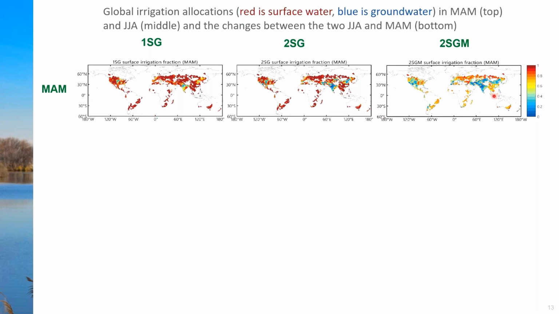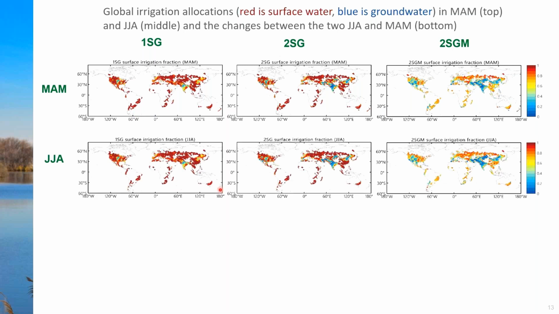Here we're looking at the spring condition. The red one means that the water is pumped from the surface water, and the blue one means pumping from the groundwater. And in summer, it looks like this.